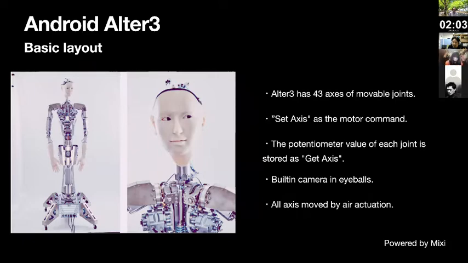The whole body moves by air actuators. It moves flexibly by changing the air pressure of each joint actuator. But it can't make precise movements by electric motors like Asimo.